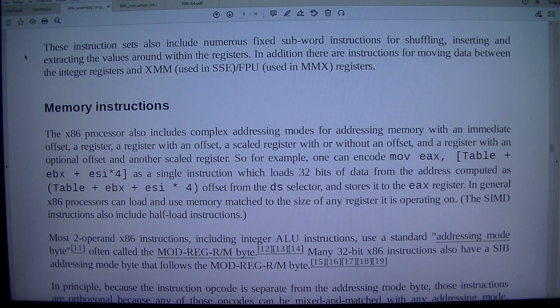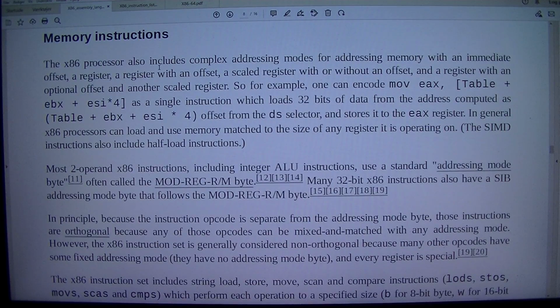These instruction sets also include numerous fixed subword instructions for shuffling, inserting and extracting the values around within the registers. In addition, there are instructions for moving data between integer registers and XMM, used in SSE, and FPU, used in MMX, registers.